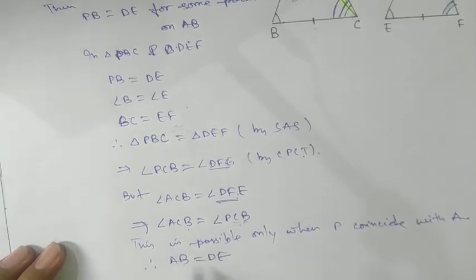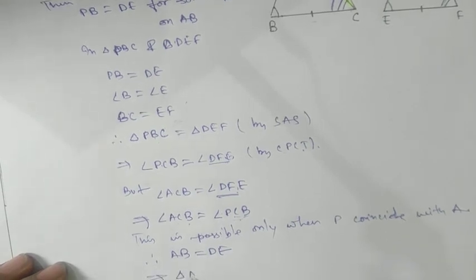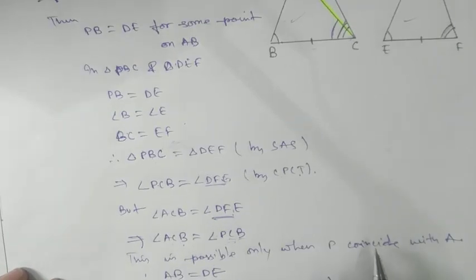And in the first case, we have seen that if AB equals DE, then triangle ABC is congruent to triangle DEF by SAS, and hence the theorem.